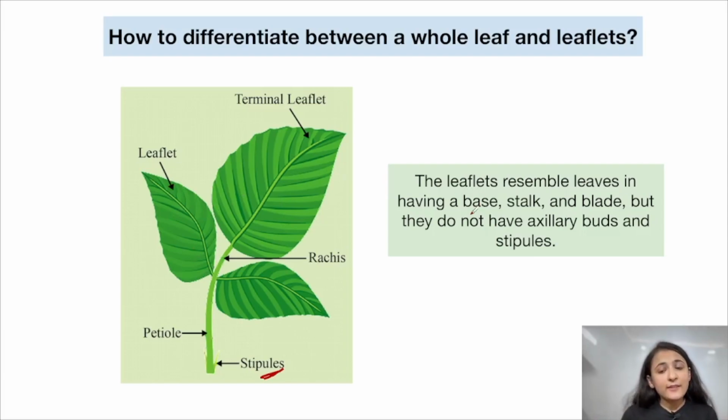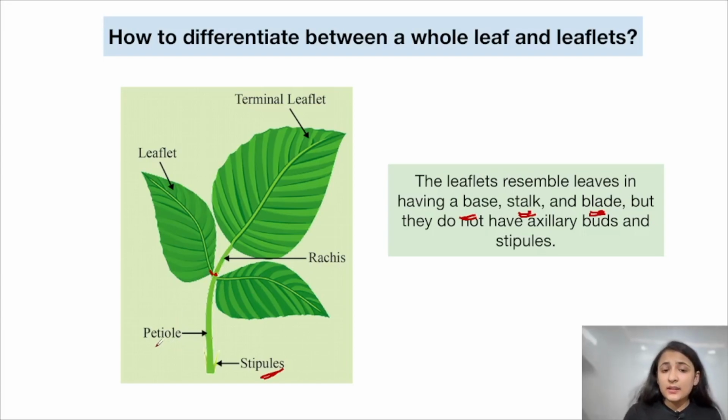They also have a base, a stalk, and a blade. So base, petiole and blade, all three parts present in a leaf are also present in the leaflet. Here the leaf base is there. Here we have to call it the rachis, because this is the terminal leaflet. Here we cannot see the presence of a petiole, but in these side leaflets, the petiole is present.